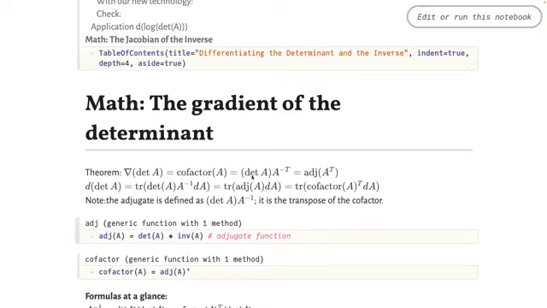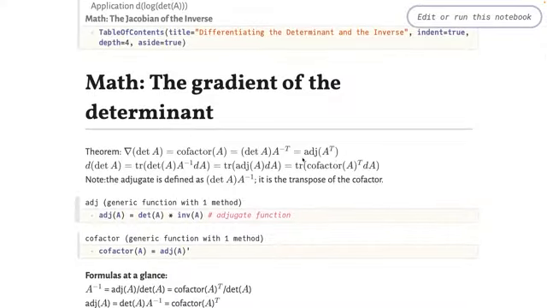Another term is the adjugate of A transpose. The adjugate of a matrix is the inverse of the matrix multiplied by the determinant.